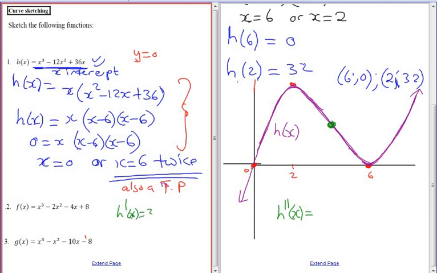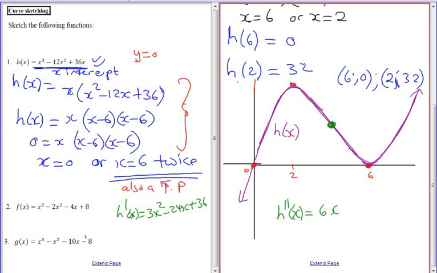That should be 3x squared minus 24x plus 36. If you derive it again, you should now get 6x minus 24. That should be what you get.